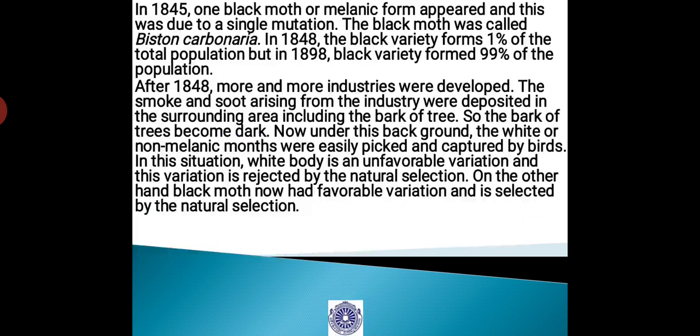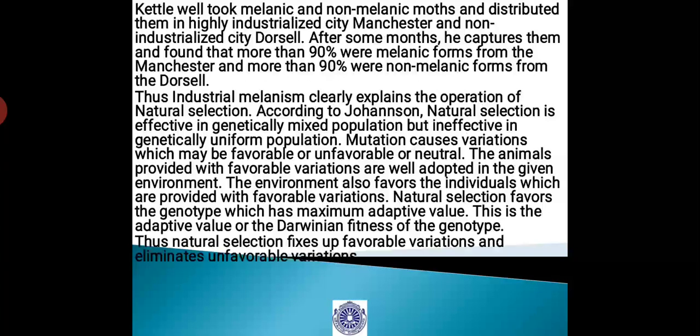Kettlewell was a very close observer of this phenomenon, and this could be one of the best examples to illustrate the mode of operation of natural selection. Kettlewell took melanic and non-melanic moths and distributed them in the highly industrialized city Manchester and the non-industrialized area, that is Dorset.